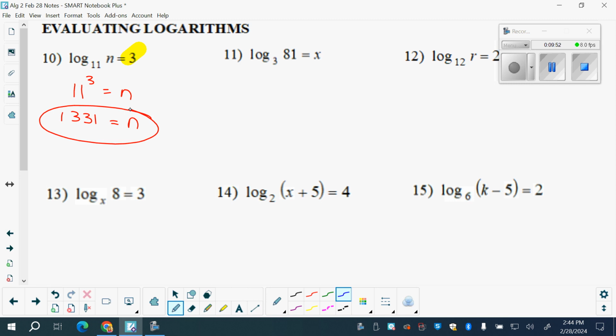Okay, somebody want to set up number 11 for me? Good. So now we're going to use what we did last class. We want to get our bases the same. So this is a base of 3. Can we make 81 3 to some exponent?